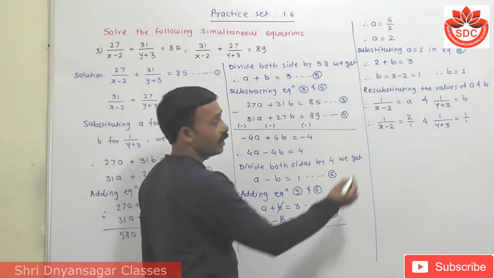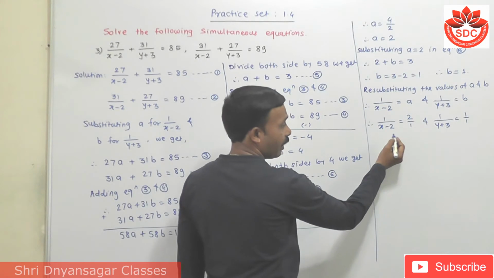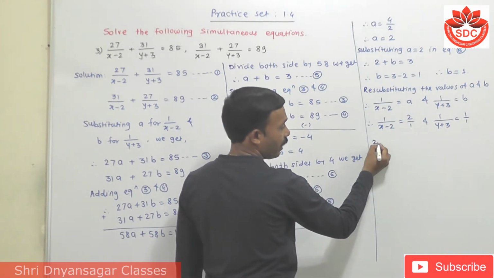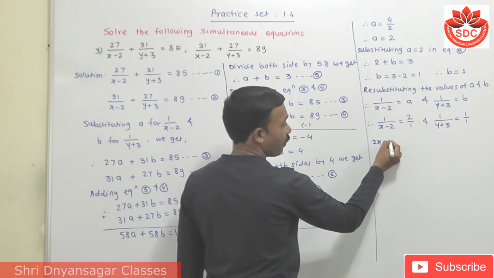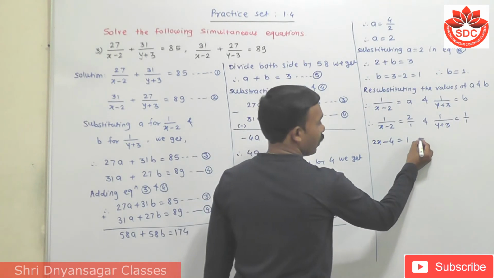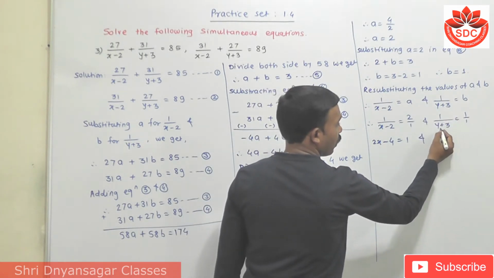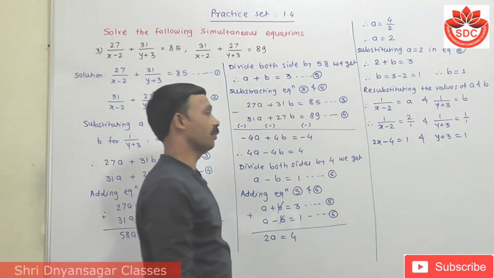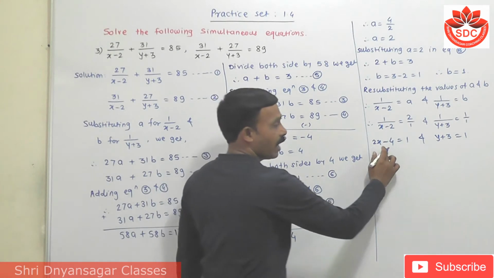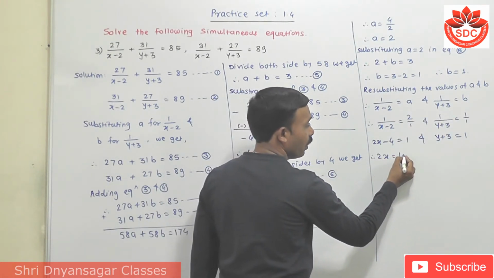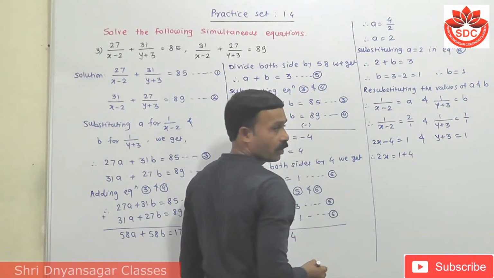Then by cross multiplication we get, I have to directly write x cross multiplication. 2 into this one first, 2x - 2 twos are 4 = 1. Then this cross product is 1 into this, means that y + 3 = 1, 1 ones are 1. Then transpose this -4 to the other side, we get 2x = 1 + 4.